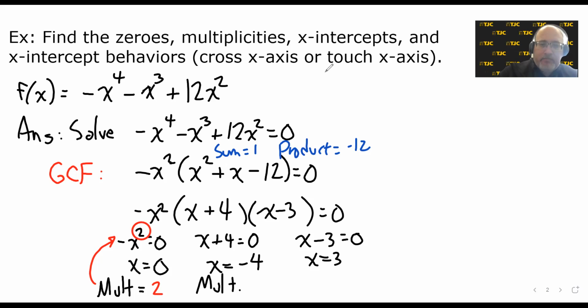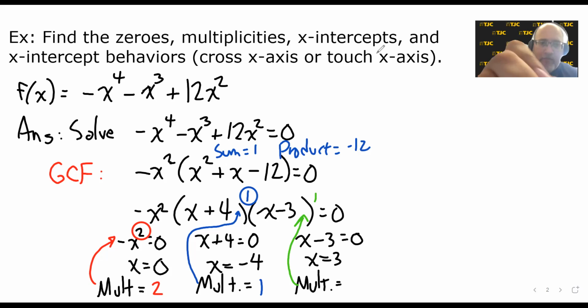This factor did not have a power on it, but it was an implied power of 1. And so the multiplicity of x equals -4 is 1. And the last factor also had an implied power of 1. And so the multiplicity for the last factor is 1.